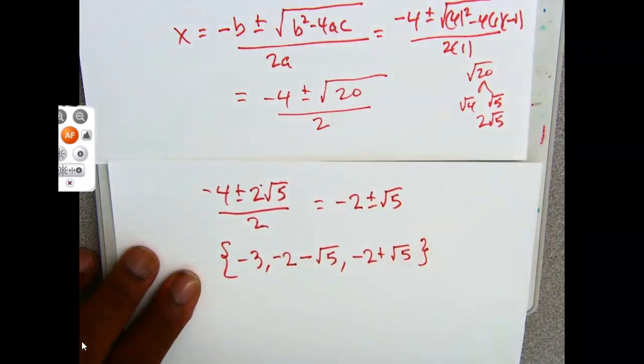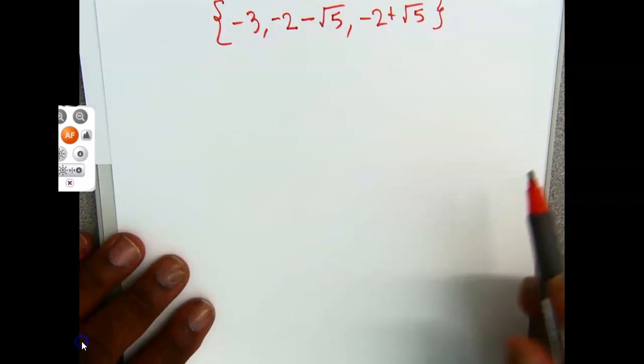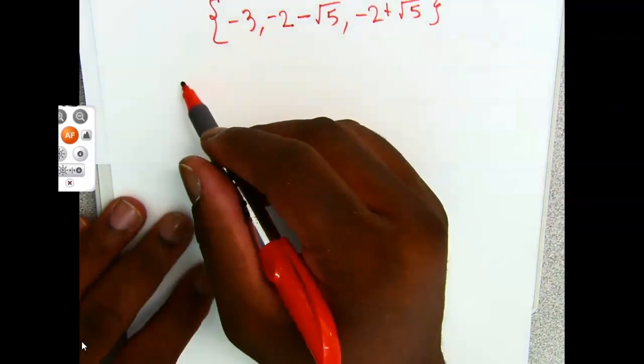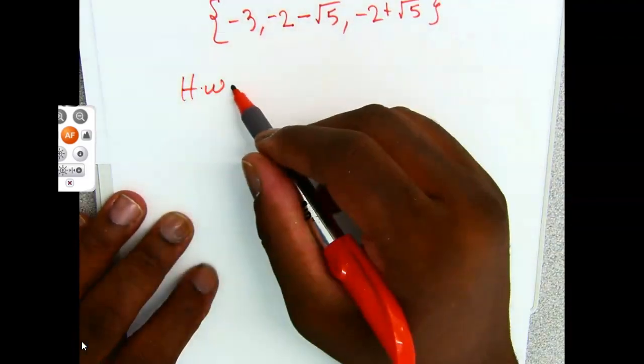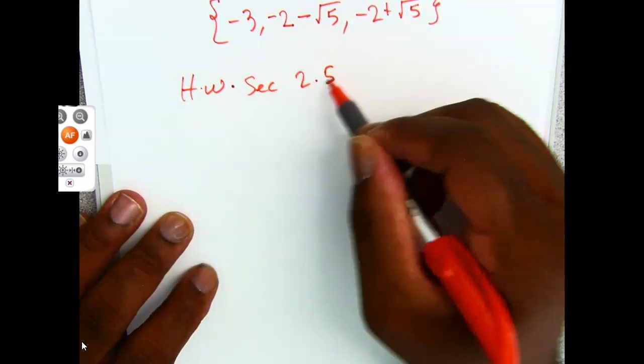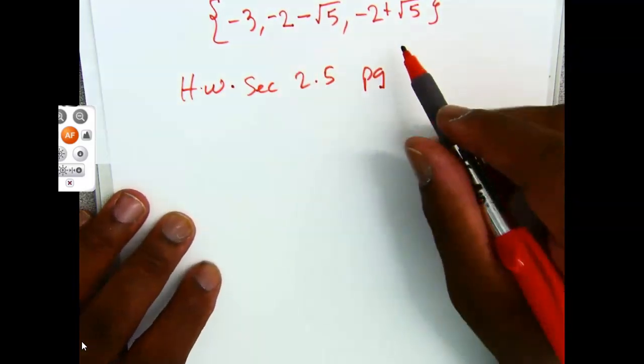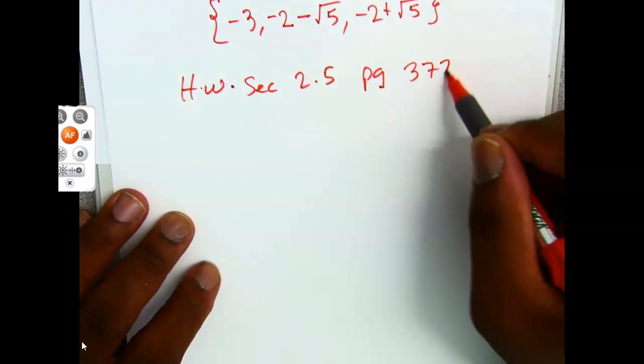Okay. All right, so that's it for the lesson. Here's your homework for tonight. Your homework is section 2.5, page 377.